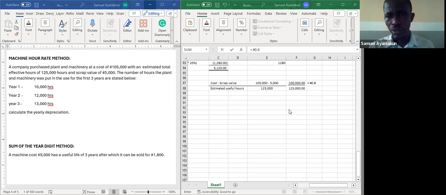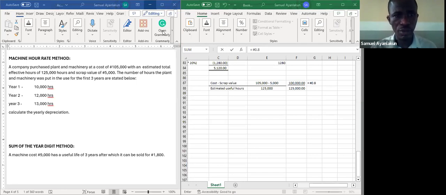The total cost minus scrap value is 100,000 naira, and the machine will run for 125,000 hours. So how much is per hour?